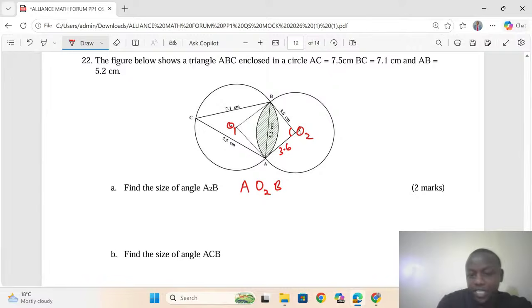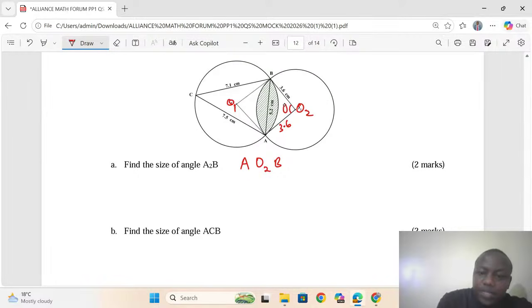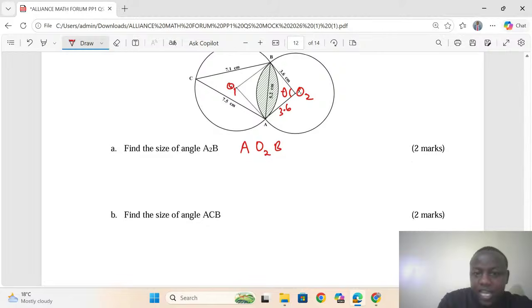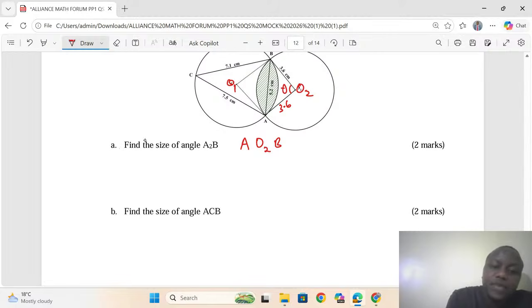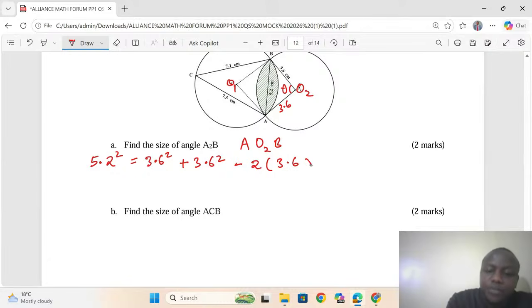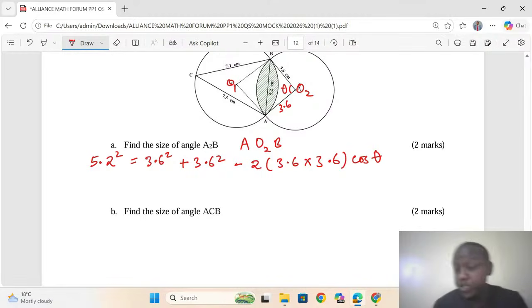If the angle at that point is let to be beta, then we can say the opposite side, 5.2 squared equals to the other two sides, 3.6 squared plus 3.6 squared, minus 2 into 3.6 and 3.6, the cosine of the unknown angle. That's according to the cosine rule.